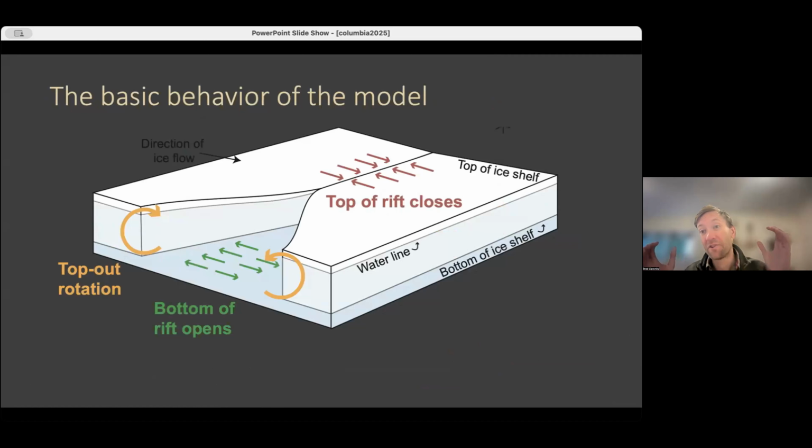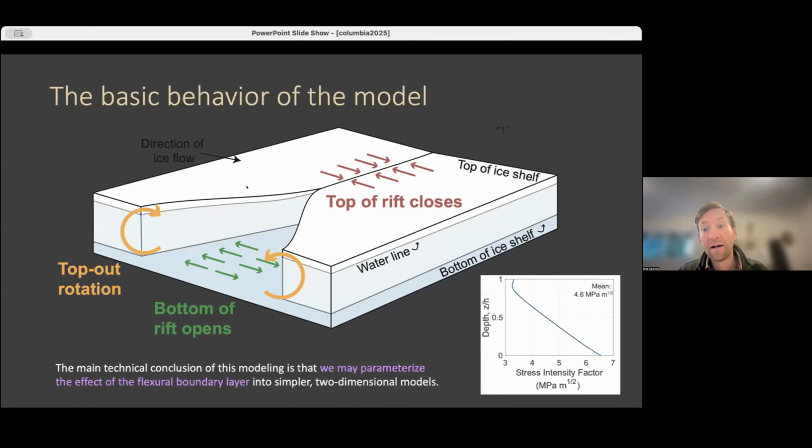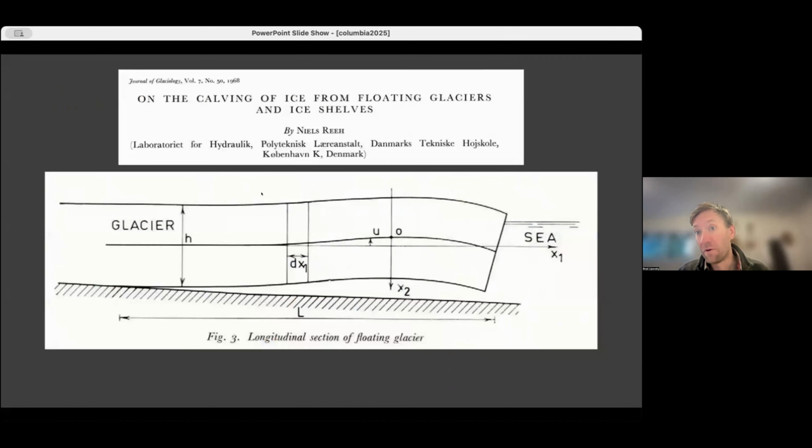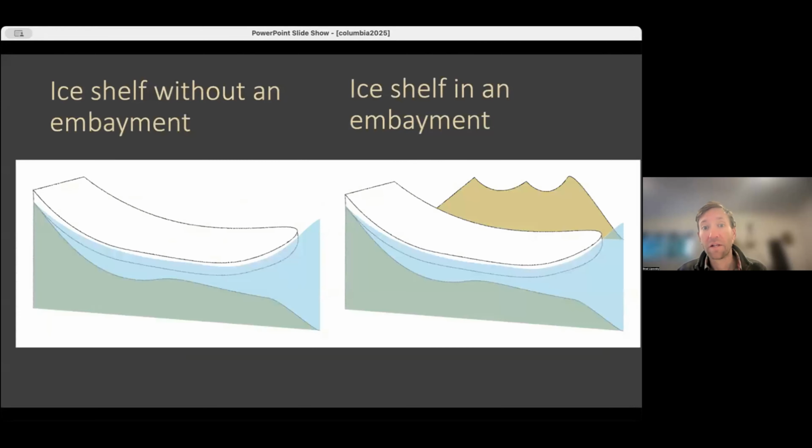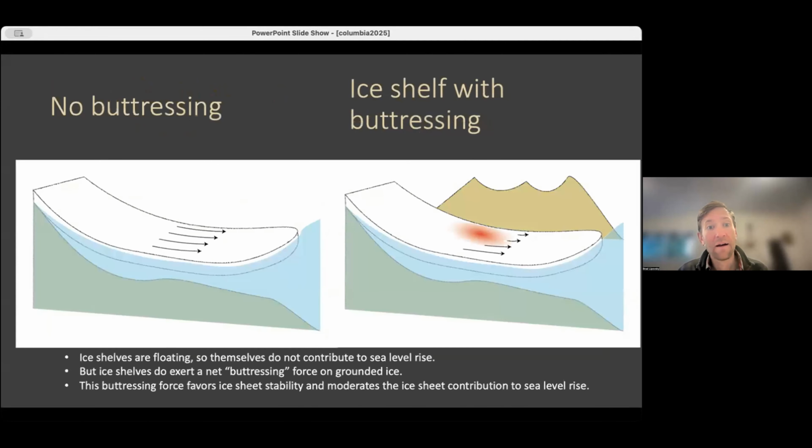That creates a net torque that causes a top-out rotation of the ice shelf, and that creates this sense of flexure. This is well known in glaciology at the ice front, but hasn't been described in terms of rift propagation before. Our three-dimensional study was the first to look at this in the context of rifting.